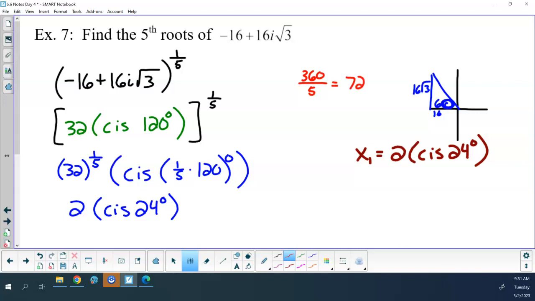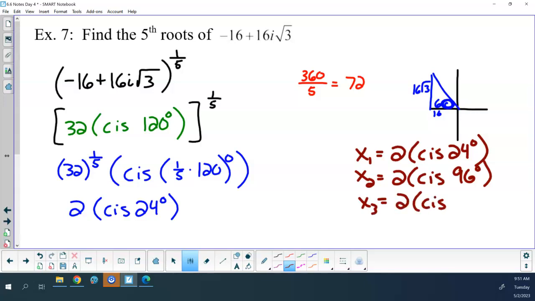And I got to add that to it, right? 2 CIS of 24 plus 72, 96. 2 CIS of, add 72, 168. That's my third root.